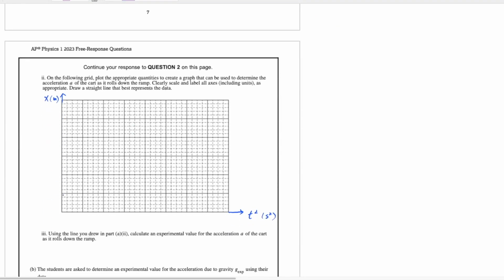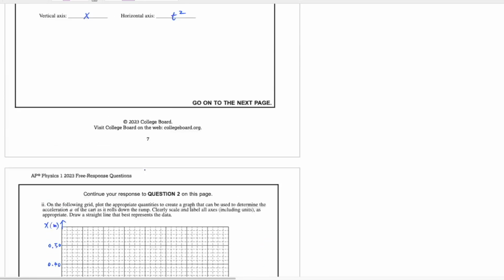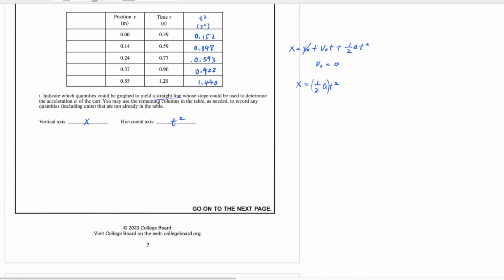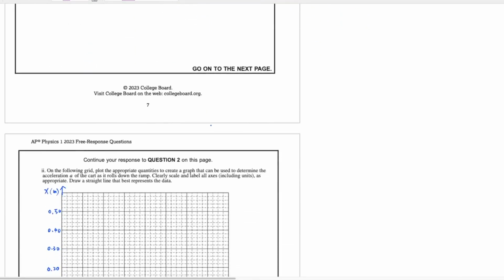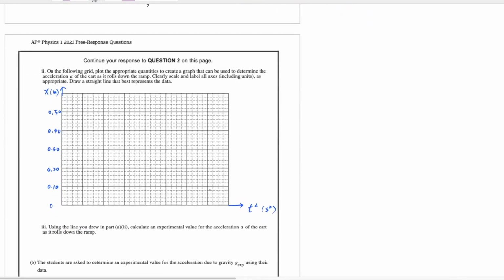So I would say 0.1, 2, 3, 4, 5. That's good. So this is 0, 0.1, 0.2, 0.3, 0.4, 0.5. And for t squared, it's going from 0 to 1.44.